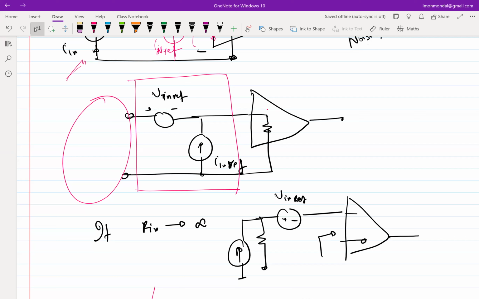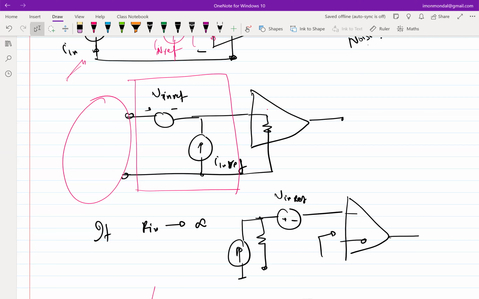And alternatively, if you are driving with a current source, then this Vn ref doesn't have any use because it doesn't contribute to the model. Only In ref contributes, and we can essentially model the entire noise with the input referred noise current.